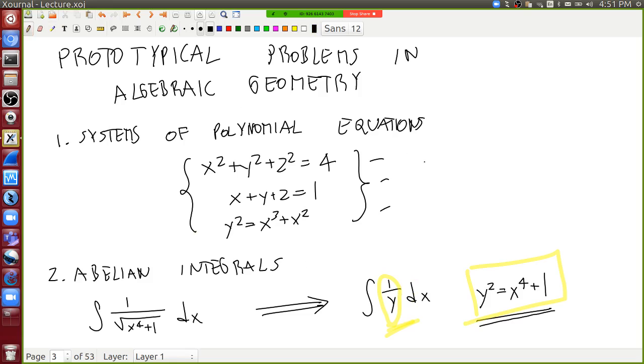Typically, textbooks that start with systems of polynomial equations get into functions a little bit later on. I like to think of functions as first-class objects that we're very interested in studying. We're going to restrict our attention to polynomial equations and then rational functions.